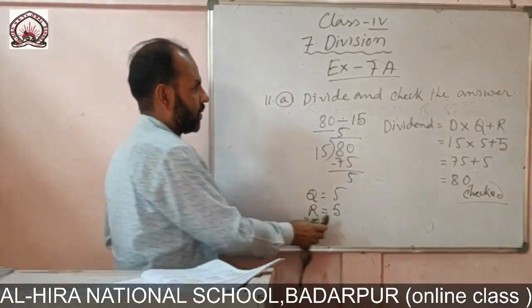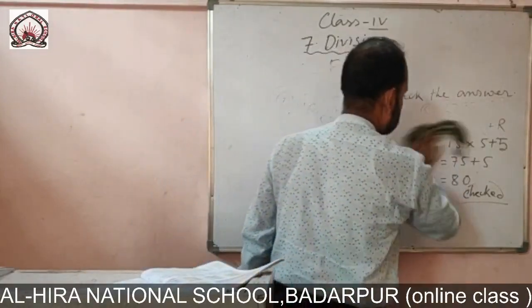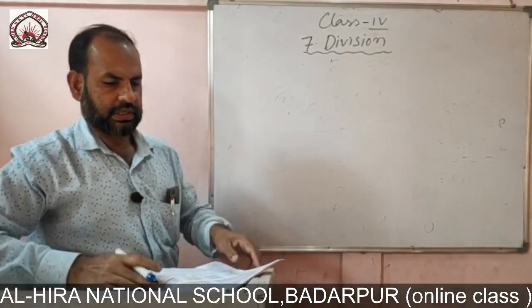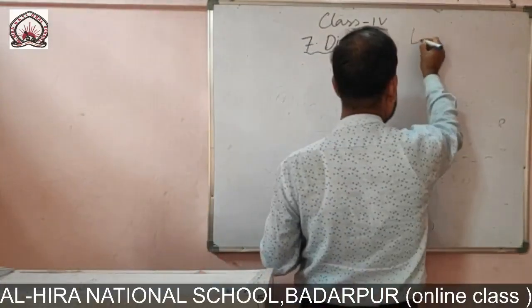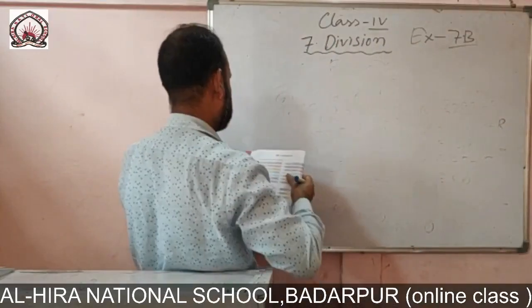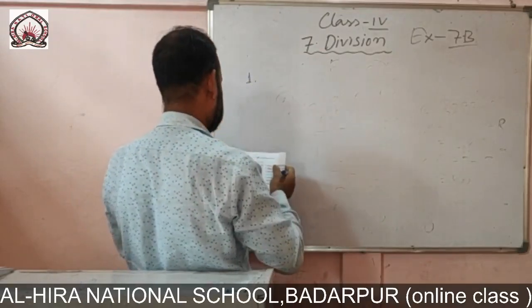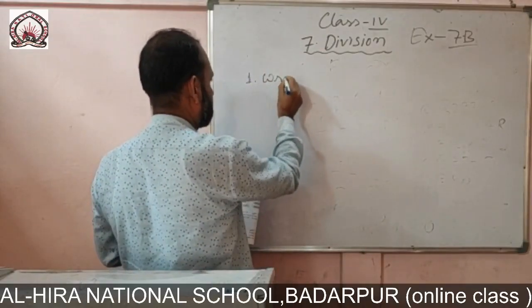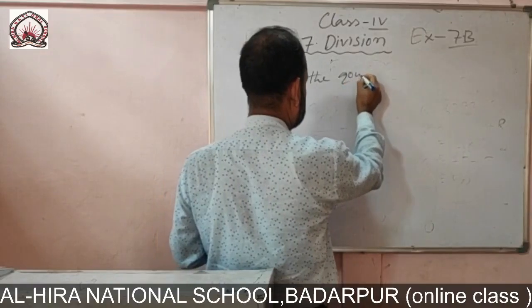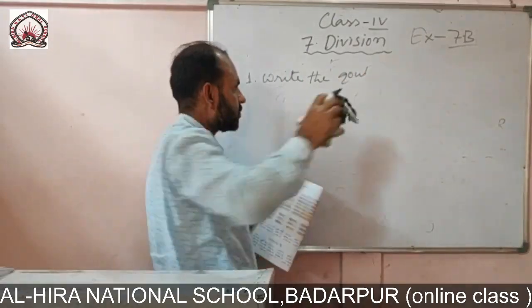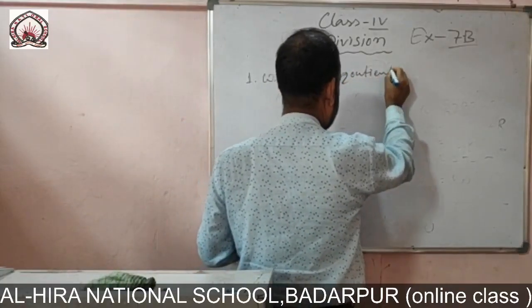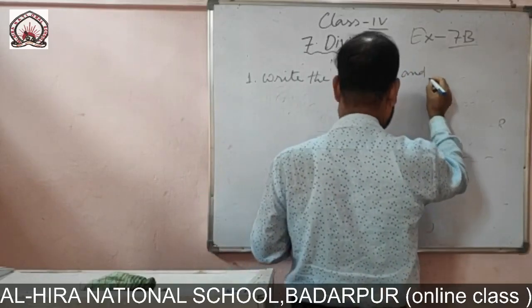Next, we solve exercise 7b. Question number 1. Write the quotient and the remainder.